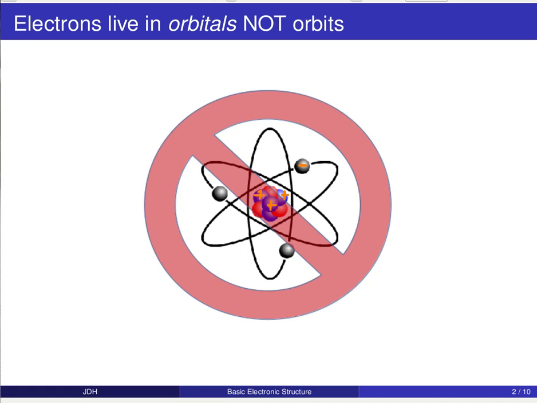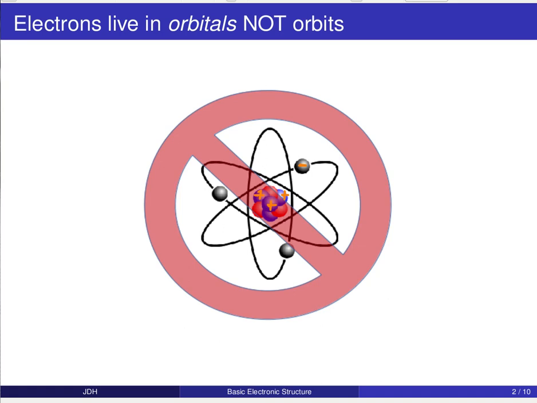This is a problem that arises with a simple orbit model of the atom that's illustrated here. It's found its way into the hearts and minds of many science students, and it's well represented in the popular media, but it is actually a completely incorrect model.